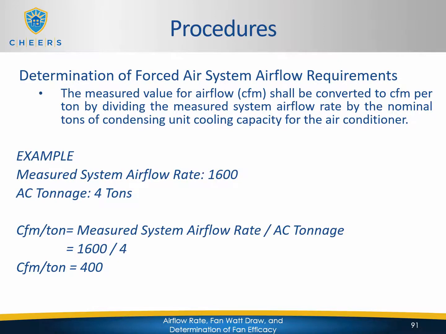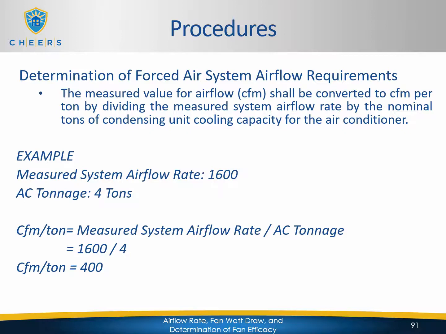Now that we have both our numbers, we can actually figure out whether the system passes or fails. So there's 2 steps to determining that. First of all, we want to figure out whether the amount of airflow being pulled from the return system actually meets the specifications based on the AC tonnage of the system. So in our previous examples, our measured system airflow rate was 1600 CFMs.